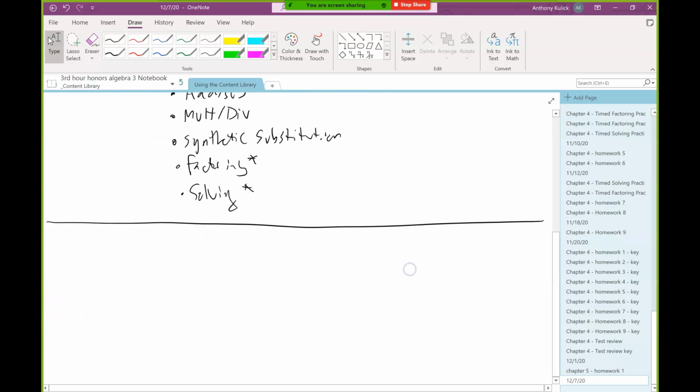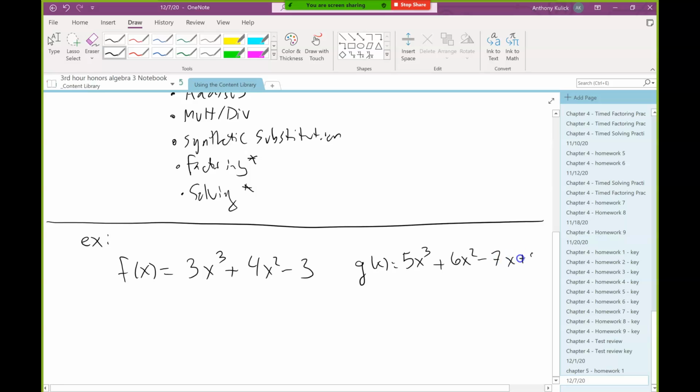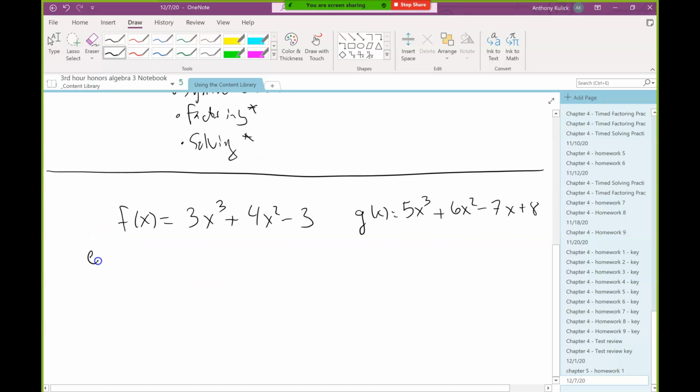Okay. So let's jump in here. So let's say we have two polynomials, here, f and g. Actually, let's write that right example.